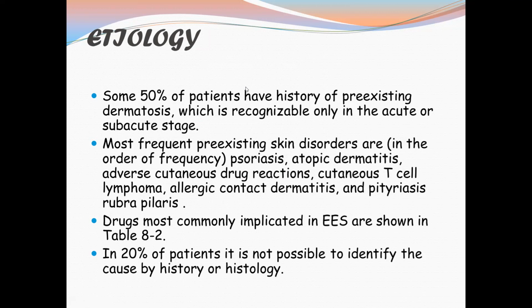Most frequent pre-existing skin disorders are, in order of frequency: psoriasis, atopic dermatitis, adverse cutaneous drug reactions, cutaneous T-cell lymphoma, allergic contact dermatitis, and pityriasis rubra pilaris. Drugs most commonly implicated in EES are shown in a table that we're going to see very soon. Then, in 20% of patients, it is not possible to identify the cause by history or histology.